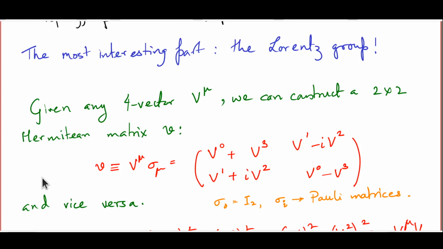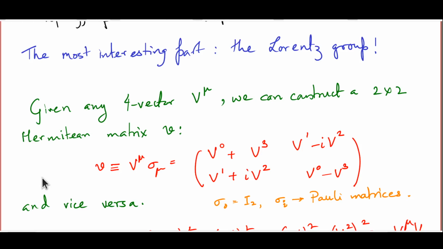So the matrix small v simply becomes (V^0 + V^3, V^1 − iV^2; V^1 + iV^2, V^0 − V^3). Now it should take very little effort to convince yourselves that A, this matrix is Hermitian, and B, every Hermitian matrix can be written down in this way.